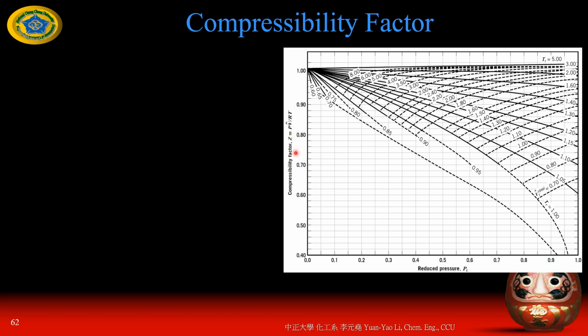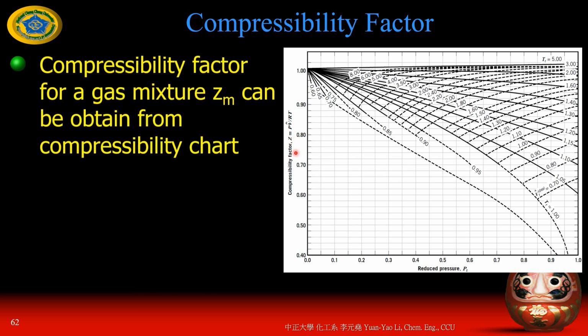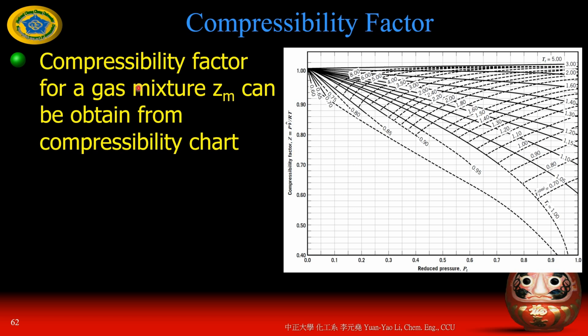Now here is ZM. So the compressibility factor for a gas mixture, ZM, can be obtained from the compressibility chart. You say, well, Professor, this is not TR prime, this is TR. But I just told you, for a mixture gas, TR prime can be applied as the TR in a single gas system. And this one, PR prime, is here.